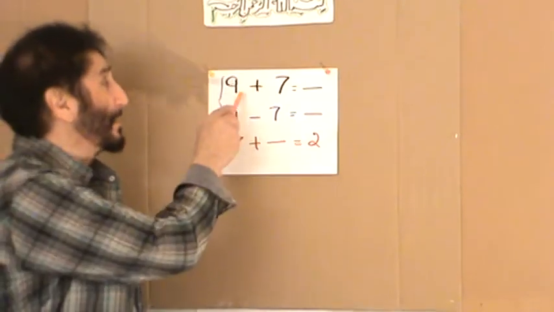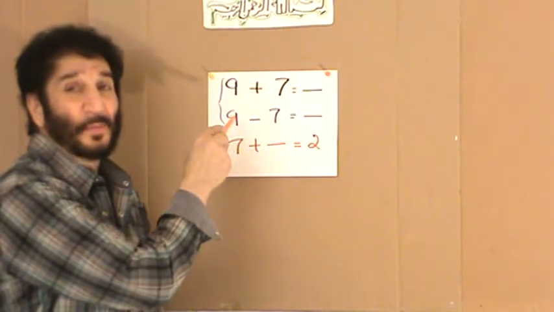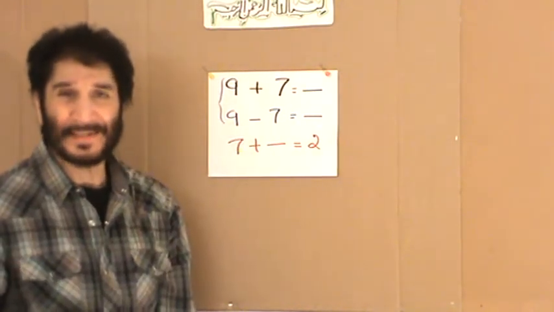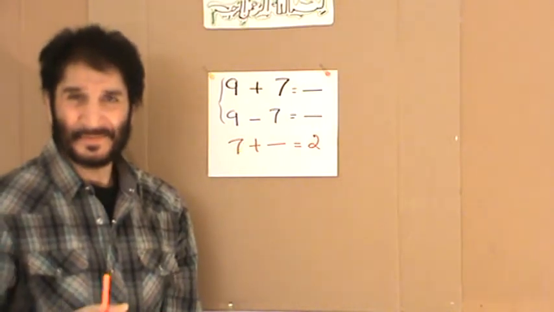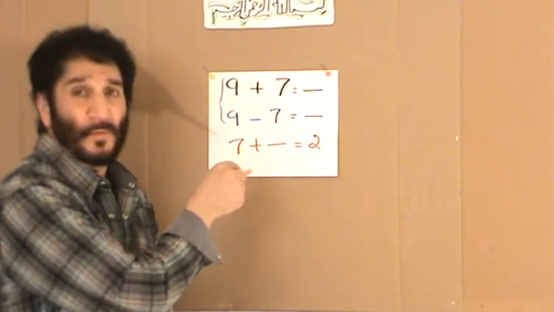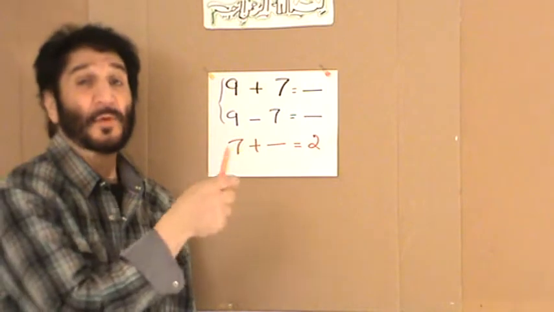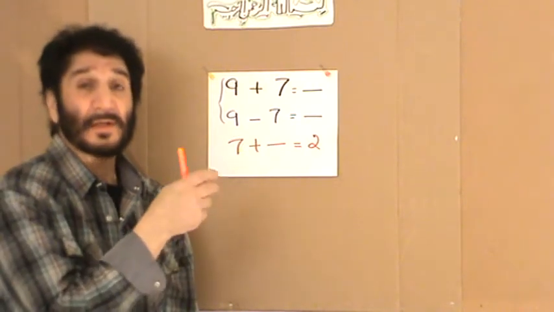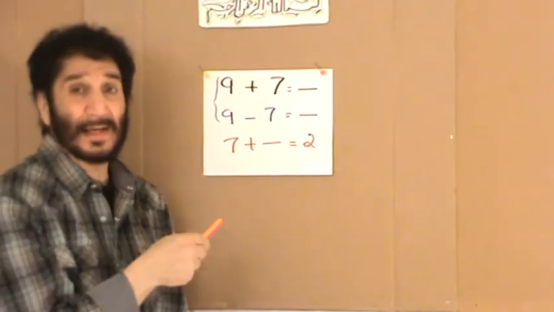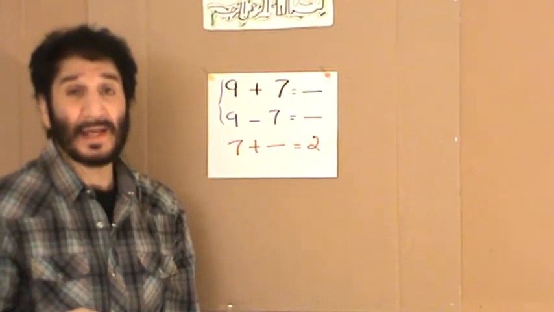The former two examples, 9 plus 7 is equal to blank and 9 minus 7 equal to blank, are examples of arithmetic. It's straightforward. The latter one needs more information, needs manipulation in order to simplify and reach that stage, so that we could use the buttons or the keys of the calculator.